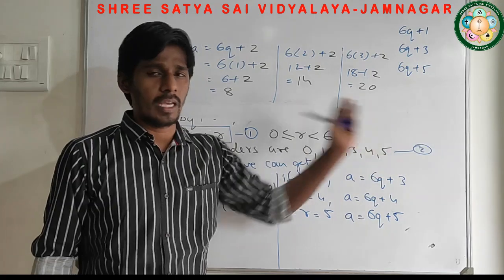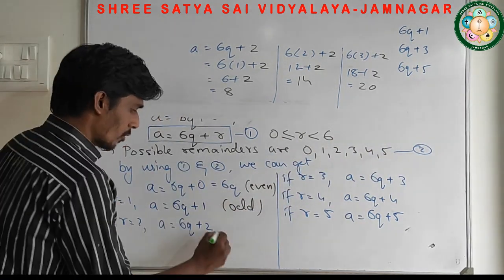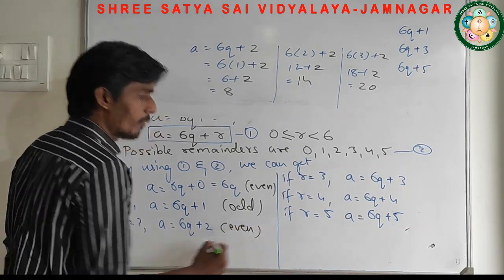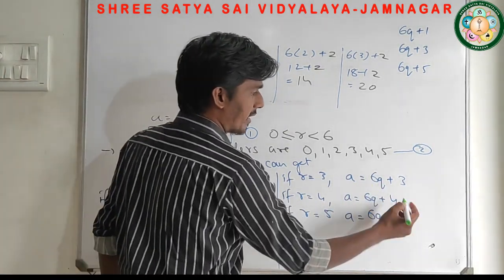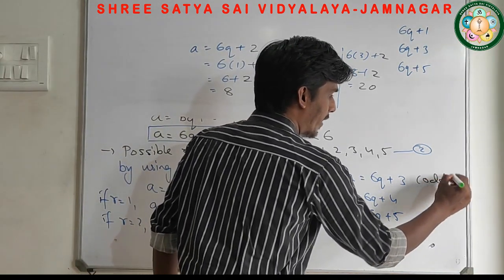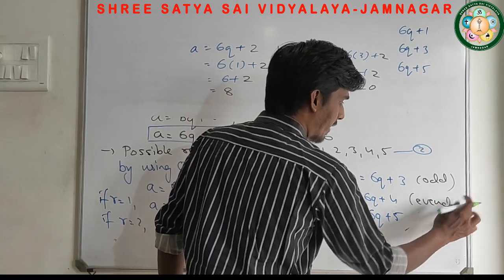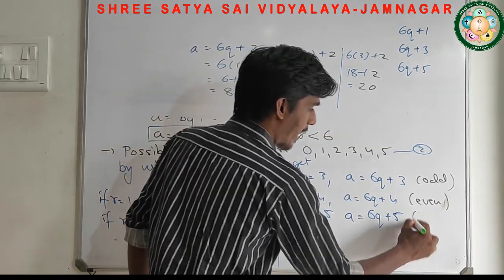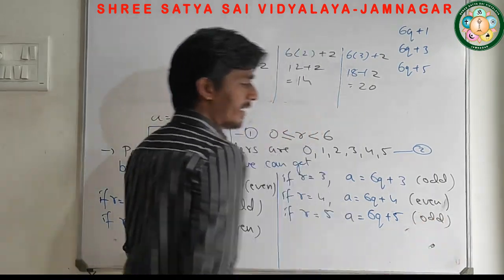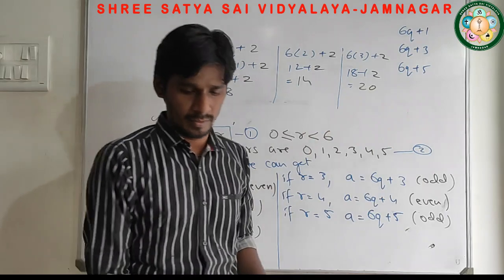So are they odd numbers? No, these are not odd integers. These are even integers. So here I have got even. So similarly we can write this 6q plus 3 will give an odd integer. 6q plus 4 I'll get even integers. Similarly 6q plus 5 I'll get odd integers. This is only part of explanation. You are not supposed to write all this part.